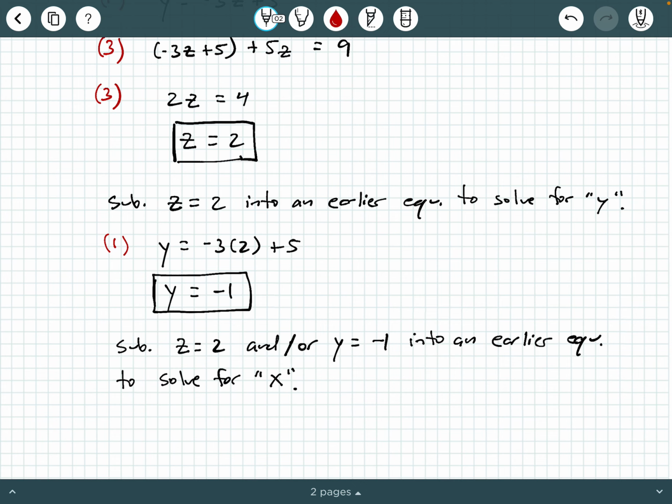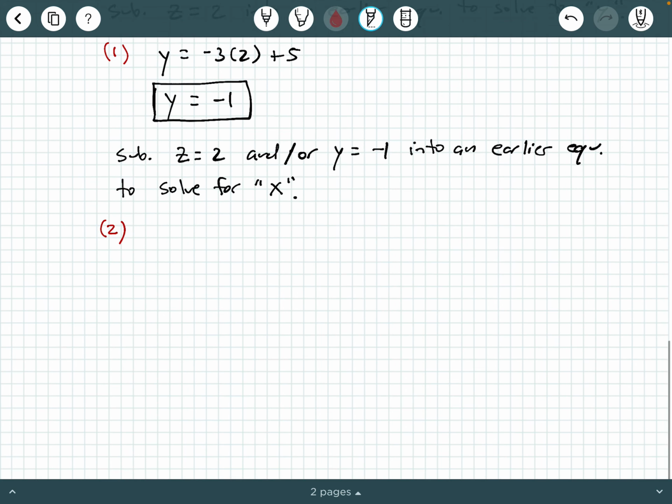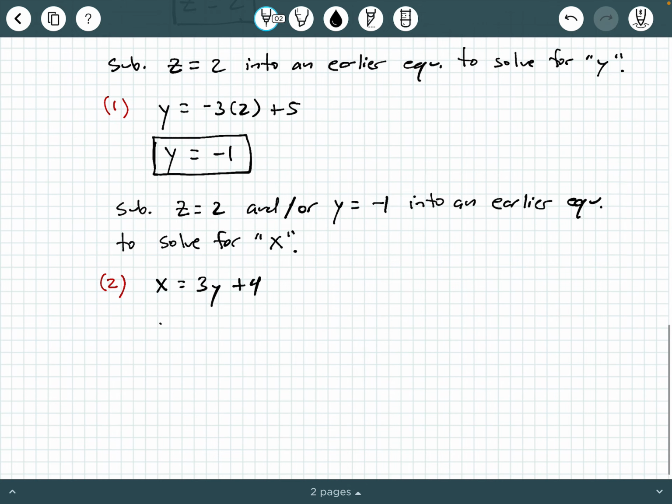Okay, so let's look at an earlier version of equation 2. Again, we can use x equals 3y plus 4. So let's write that down, just to remind ourselves of it. And then we can substitute that value of y in here. 3 times -1 plus 4, so x equals 1.